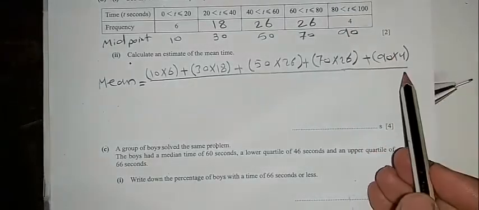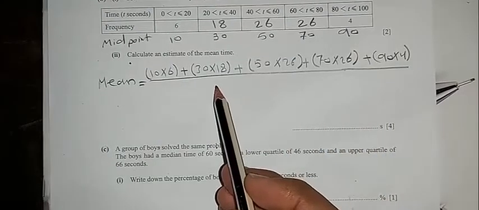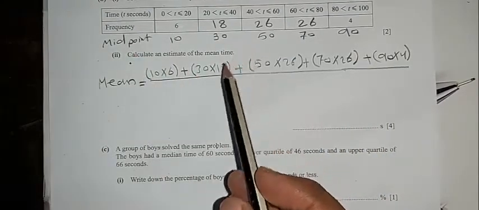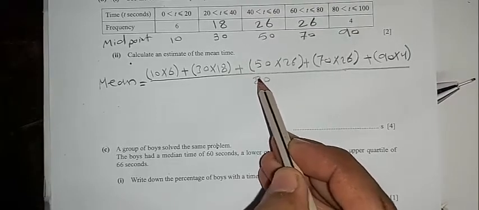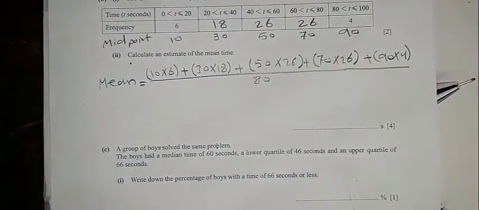Then divide all by the total number of frequencies. It was 80 girls, right?